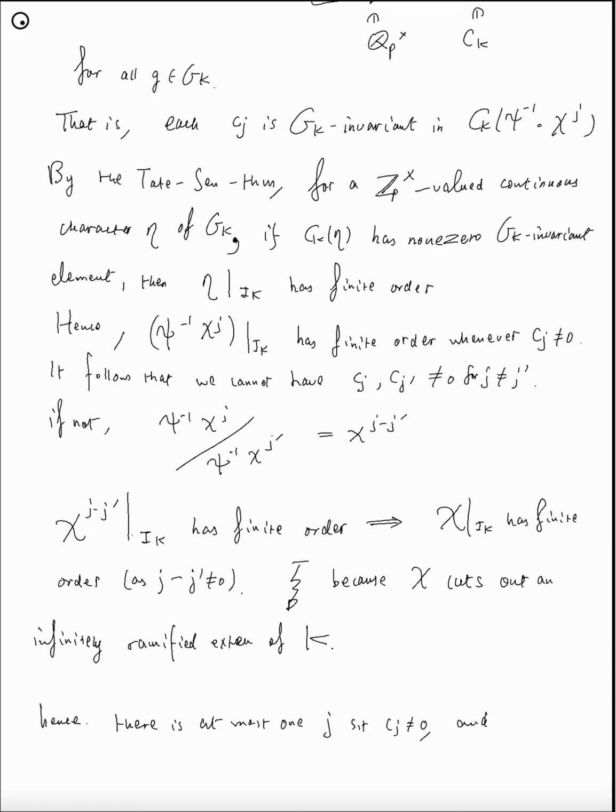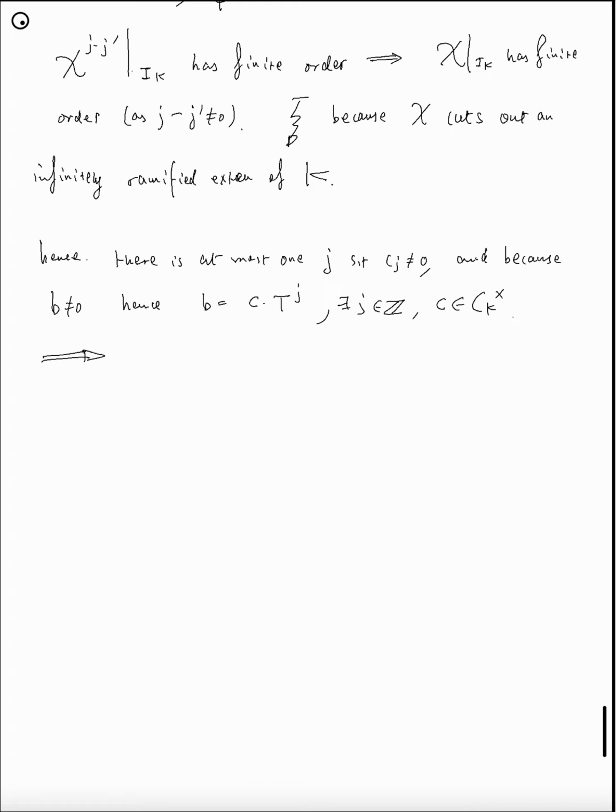And there must be such one, because this b is not zero, hence b equals some c times tj for some j, and some c non-zero in K. This implies actually that b is a unit element in B star.